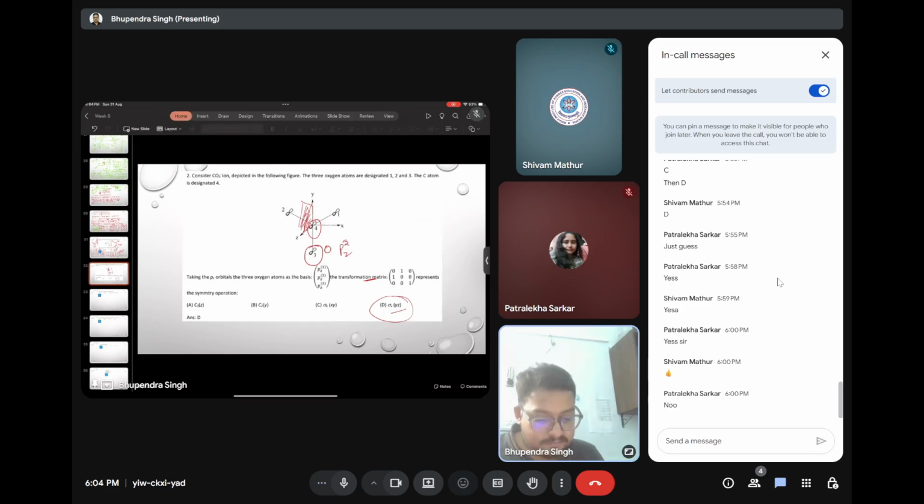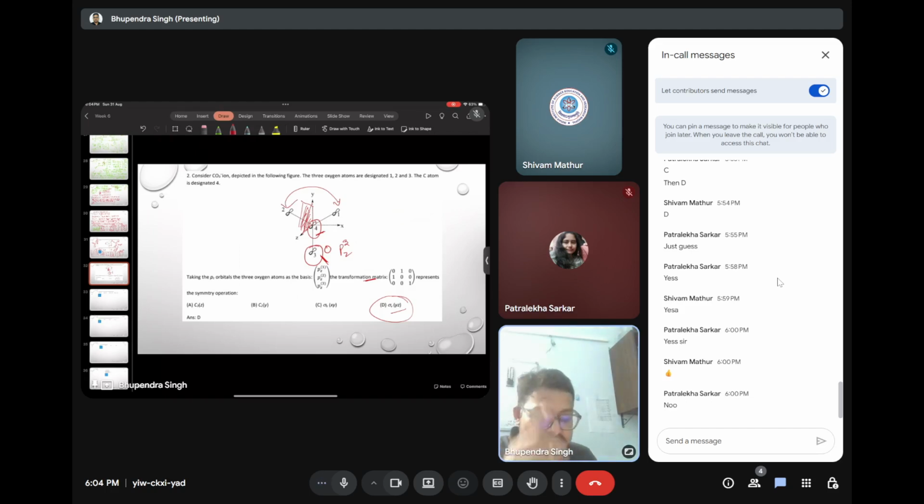So atom 3 is not going to change its position, but the positions of 2 and 1 will be interchanged.